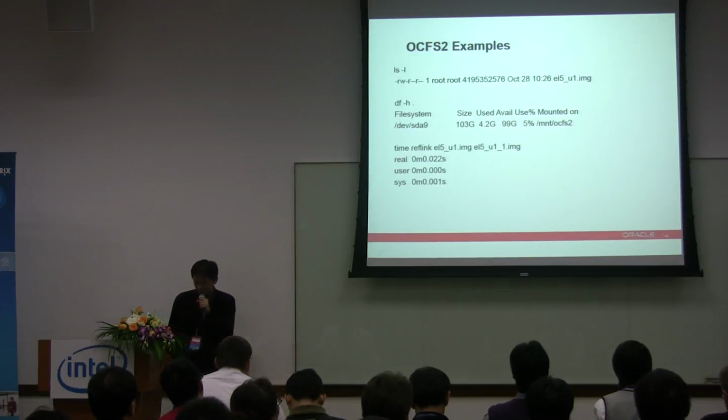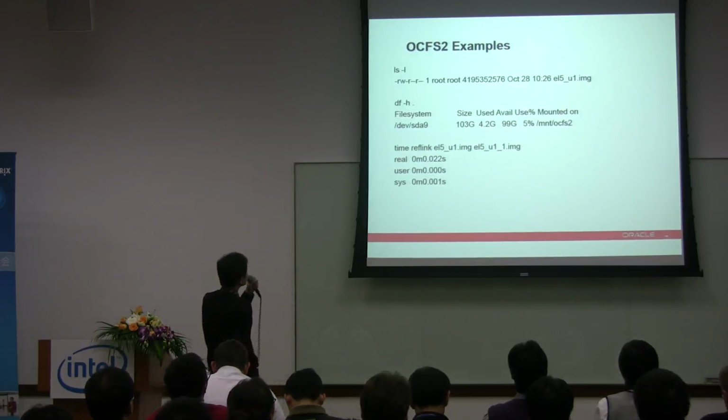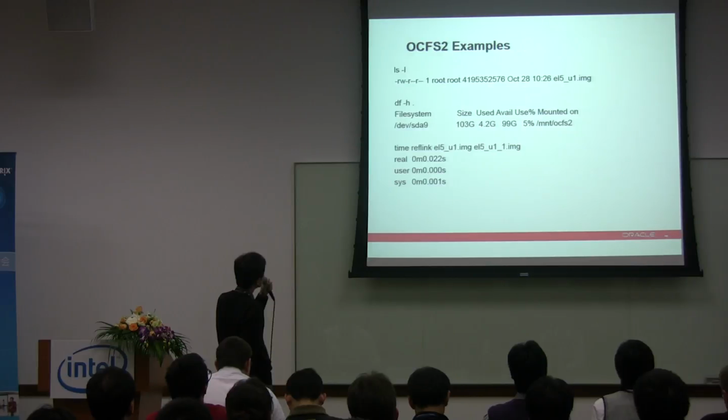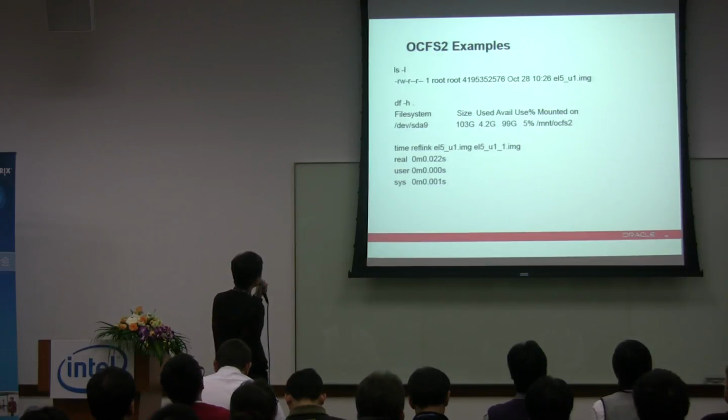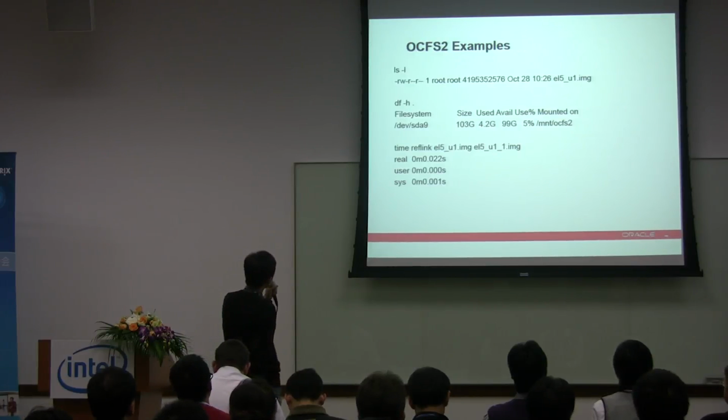Here are some examples. Given an image that costs about 4 gigabytes, df -h shows that the file system is /dev/sda9.